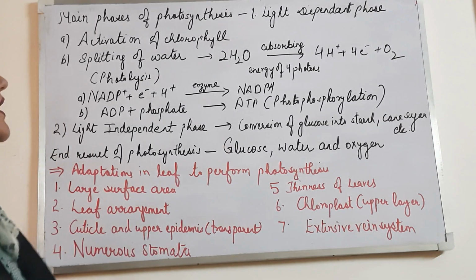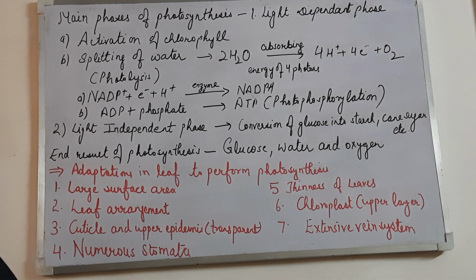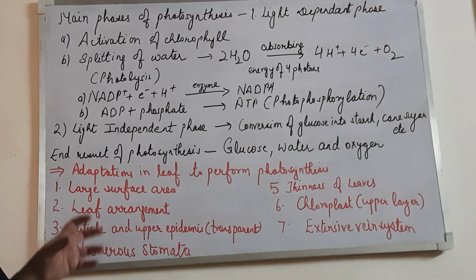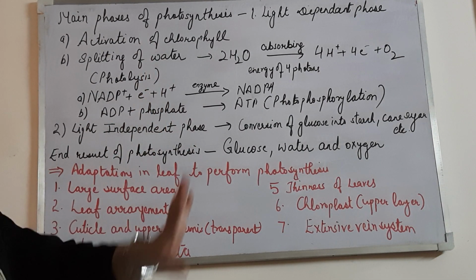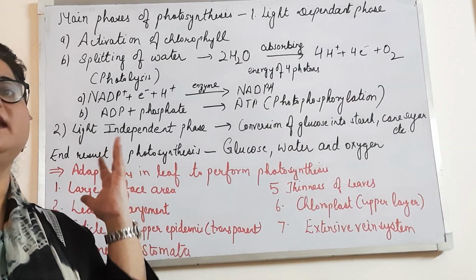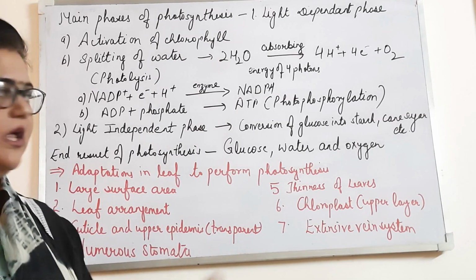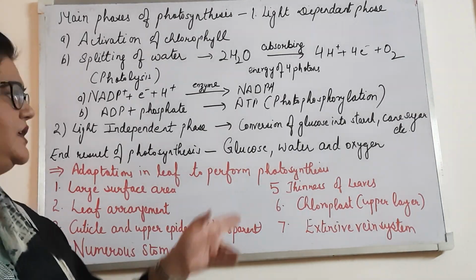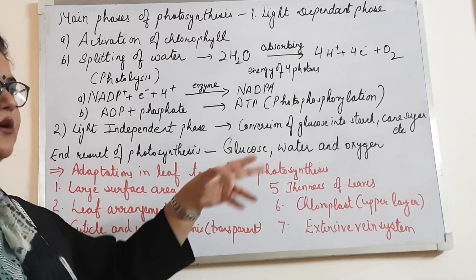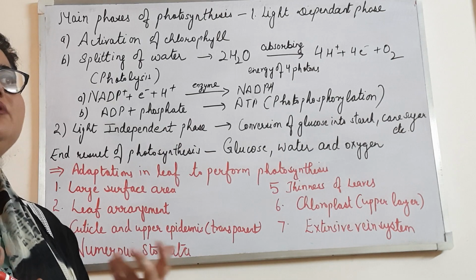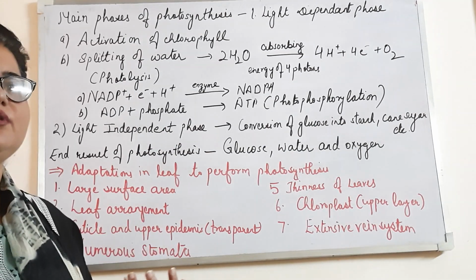Now, as I was talking about the glucose, this glucose has to reach the different parts. I want to tell you how this glucose is utilized by the plant. I have told you that glucose is formed, but how is it utilized? It is formed very rapidly, but it cannot reach the plant parts rapidly. So what happens to this glucose?